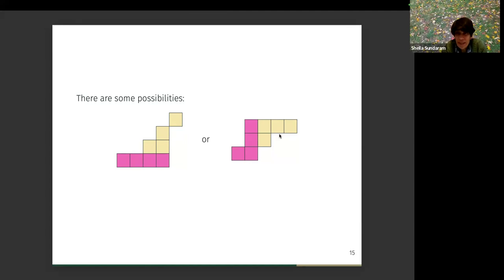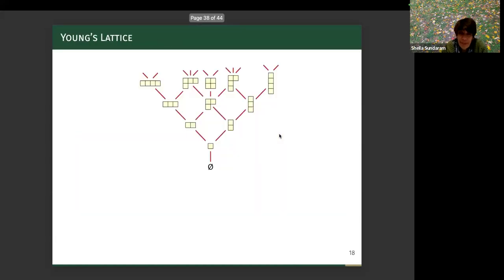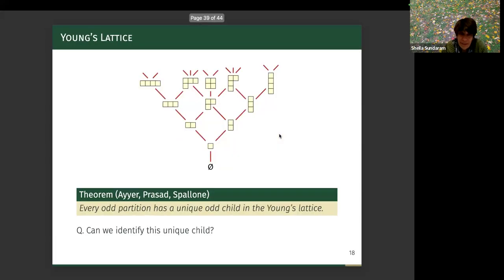So I think Mark had a question, right? I did. You mentioned that every odd partition has a unique child, and you posed that as a question. Did you also propose that you had an answer, or is that an open question for you currently?